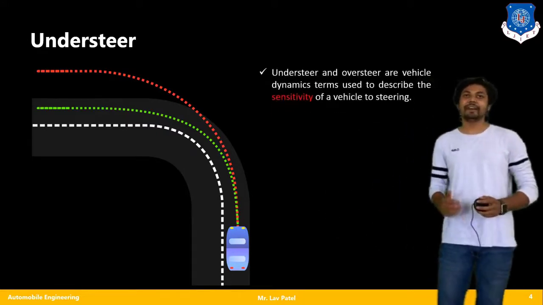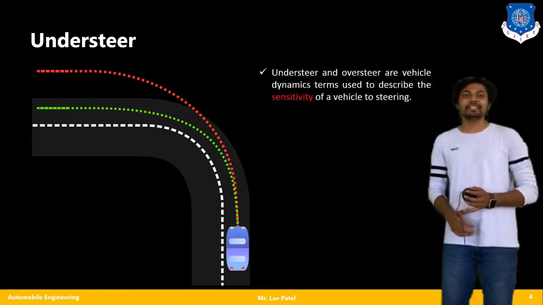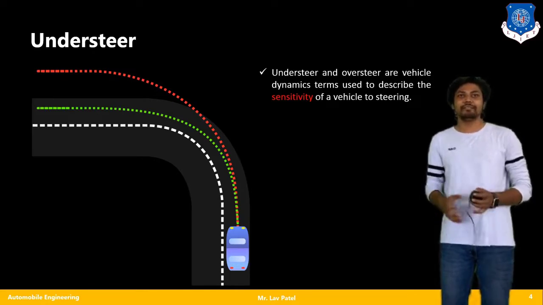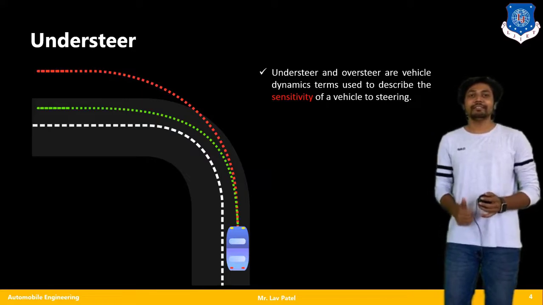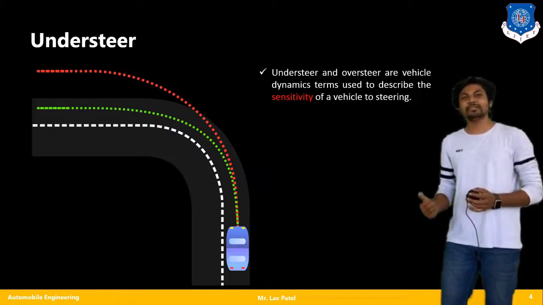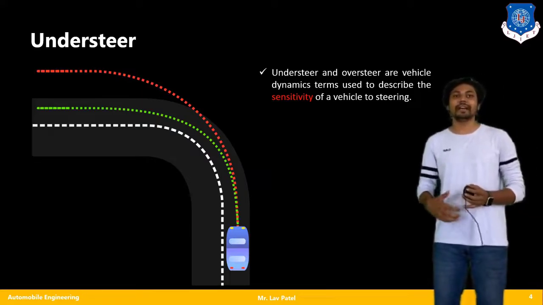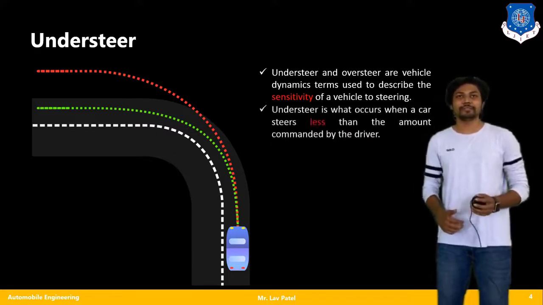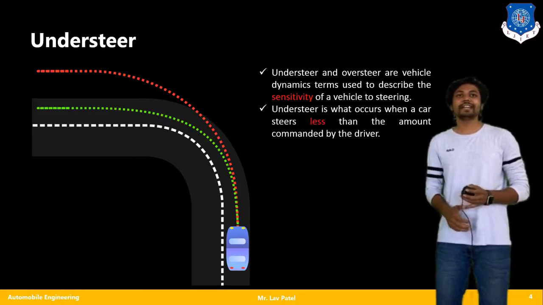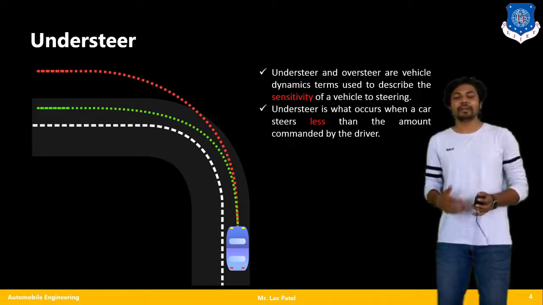Basically we can define understeer and oversteer as vehicle dynamics terms used to describe the sensitivity of vehicle steering. These two terms define the sensitivity of my overall steering performance. Understeer is when a car steers less than the amount commanded by the driver.